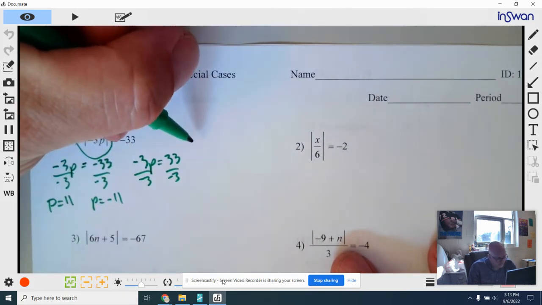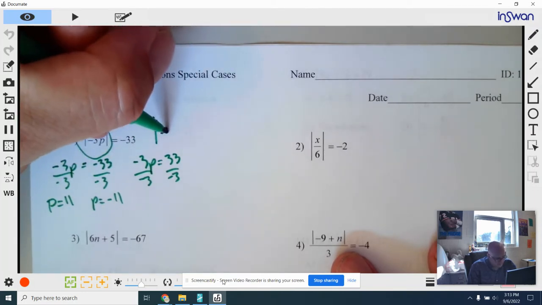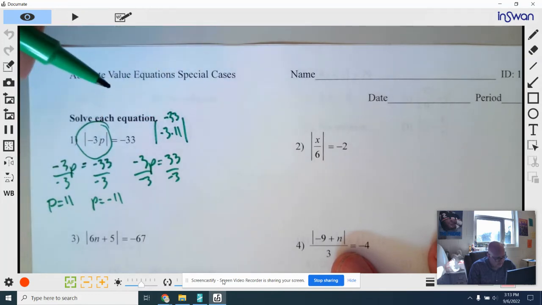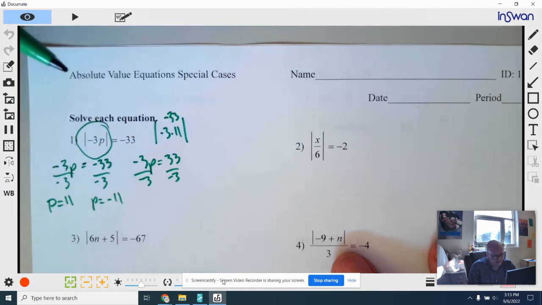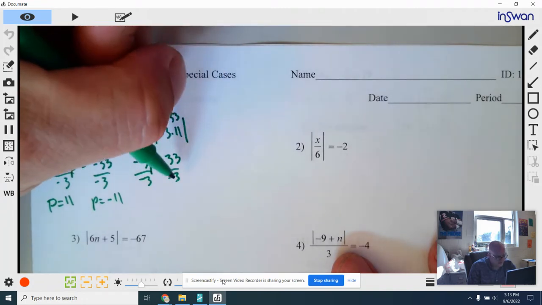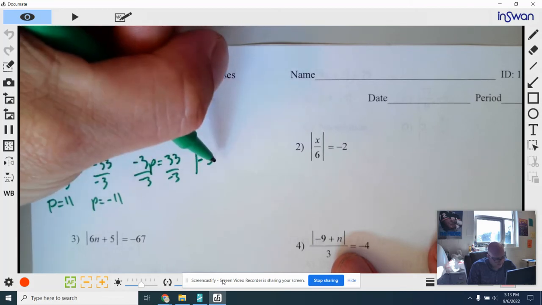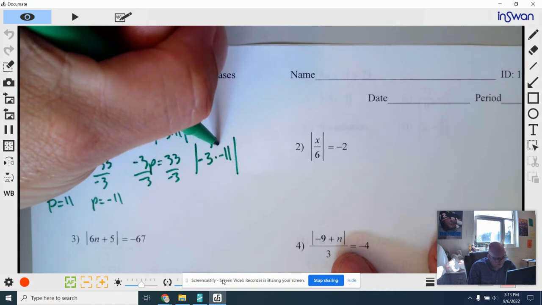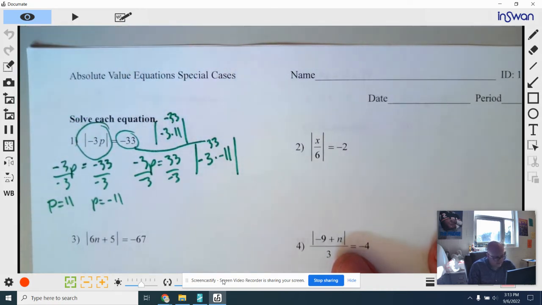So if I plug that in, 11, negative 3 times 11, well, that does equal negative 33. But the absolute value of that is not negative 33. Just like if I take negative 11, so negative 3 times a negative 11, if I multiply those, you get positive 33. And the absolute value of that is not a negative 33.